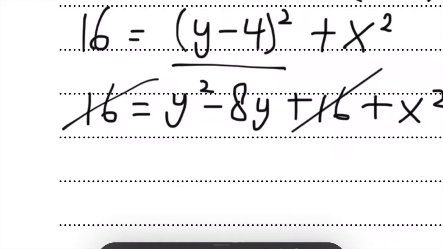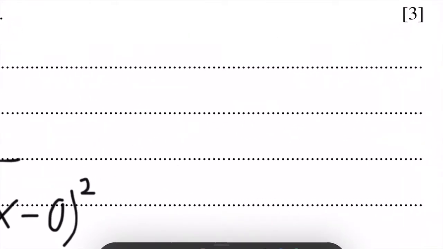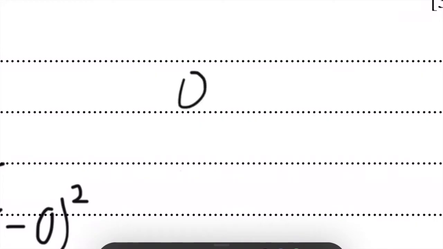We'll remove 16. So x squared is equal to 8y minus y squared.